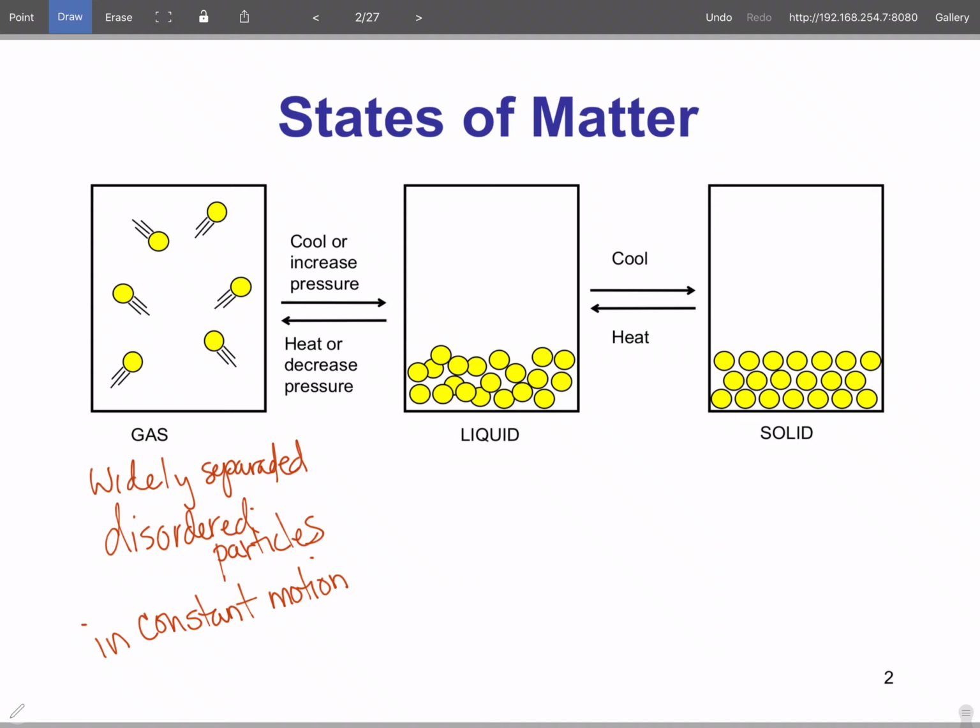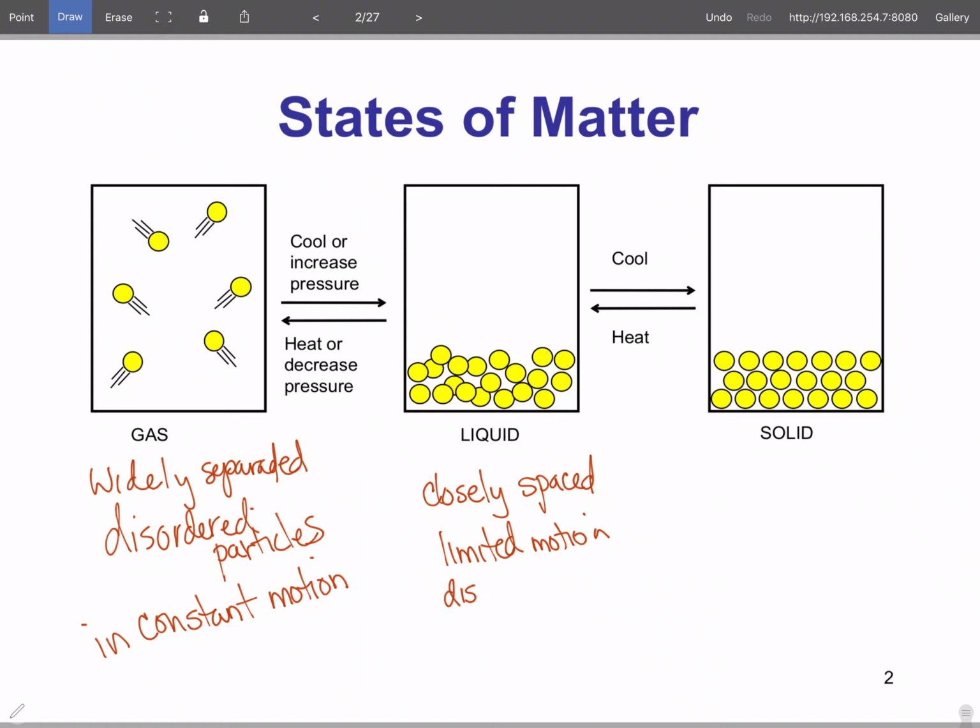particles in constant motion. Liquids, on the other hand, are closely spaced, and they still move, but they have limited motion, because remember, a gas will take the shape of the container, whereas a liquid will only occupy the bottom part.